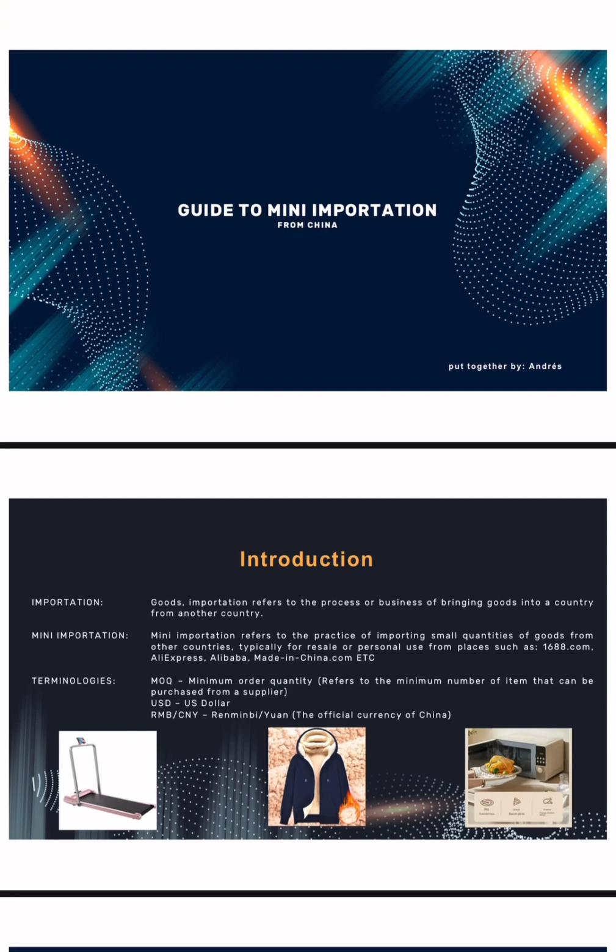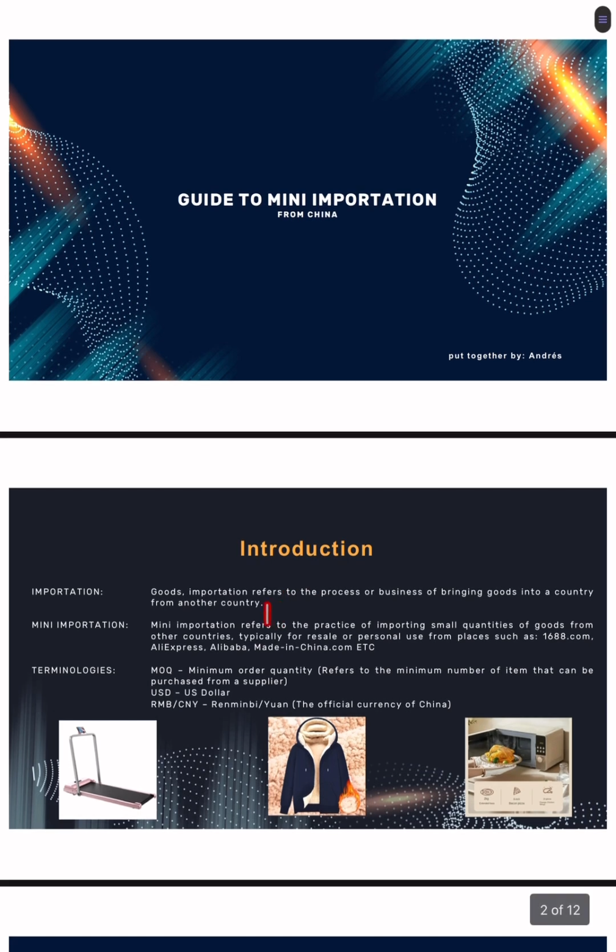So in the course of the study, we'll be going through some terms. As you can see here, there's something called MOQ, which is minimum order quantity. Some suppliers have a particular minimum threshold of items you can buy from them.